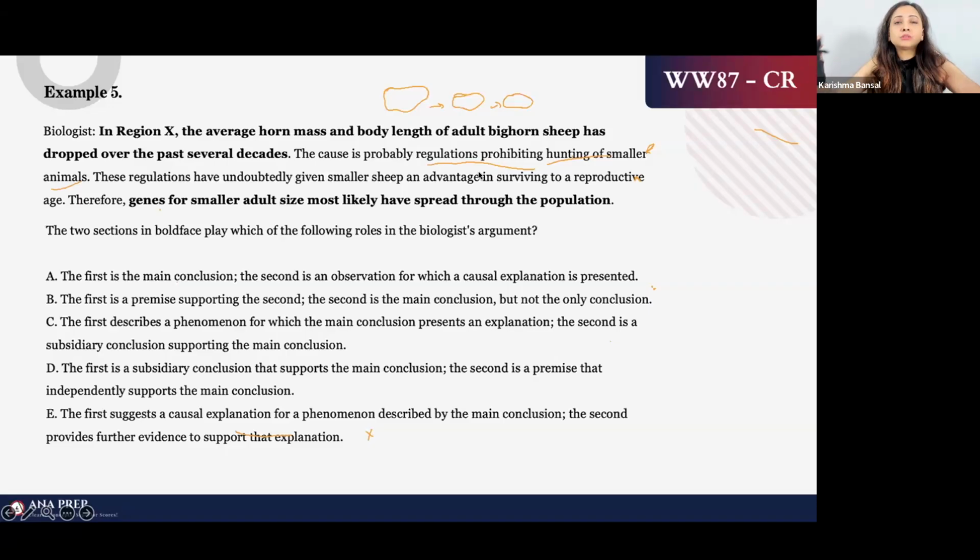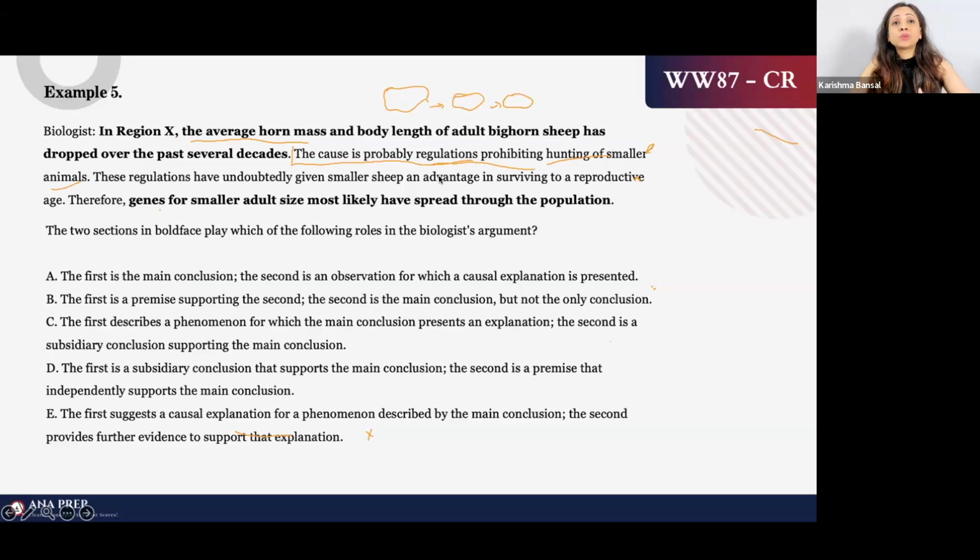So think of the role of each statement over here. And this is exactly where we say that logical role is very important. What is the main conclusion over here? The main conclusion is where the author is saying the cause is probably regulations prohibiting hunting of smaller animals. This is the main point he's making. He says this is what has been observed, that the size is reducing. Then he says the cause for this reduction in size is probably regulations.